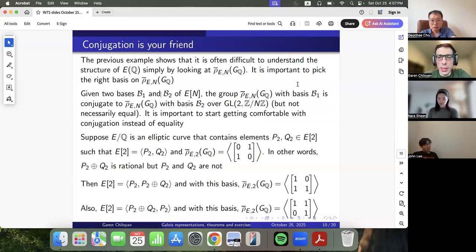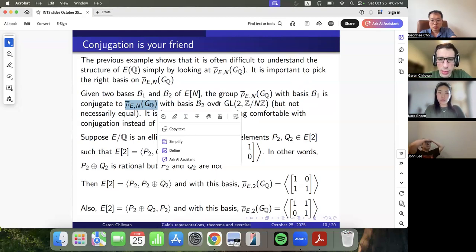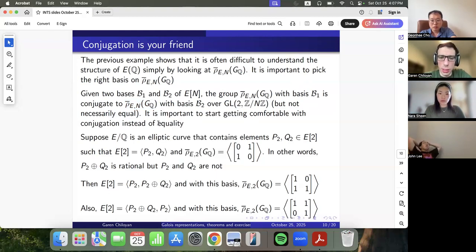But these two are related, because the image with one basis is conjugate to the image with the other basis.